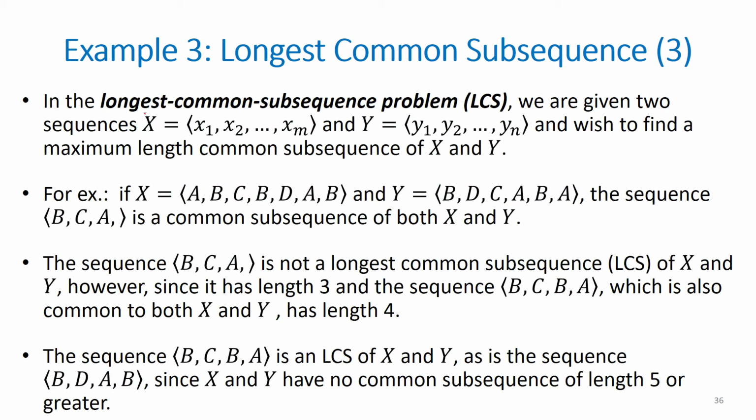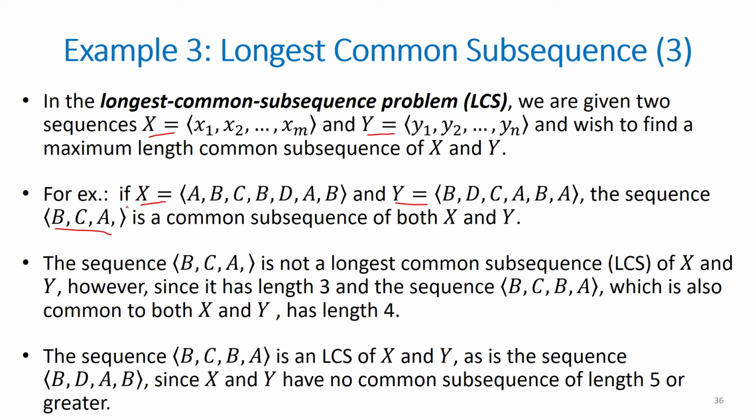To give the LCS problem a formal look, we define it as here. Given two sequences X and Y, we aim to find common subsequences of X and Y that have the maximum length. For instance, if X is as given here and Y is as given here, then the sequence BCA is a common subsequence of both X and Y. But this is not the longest common subsequence.